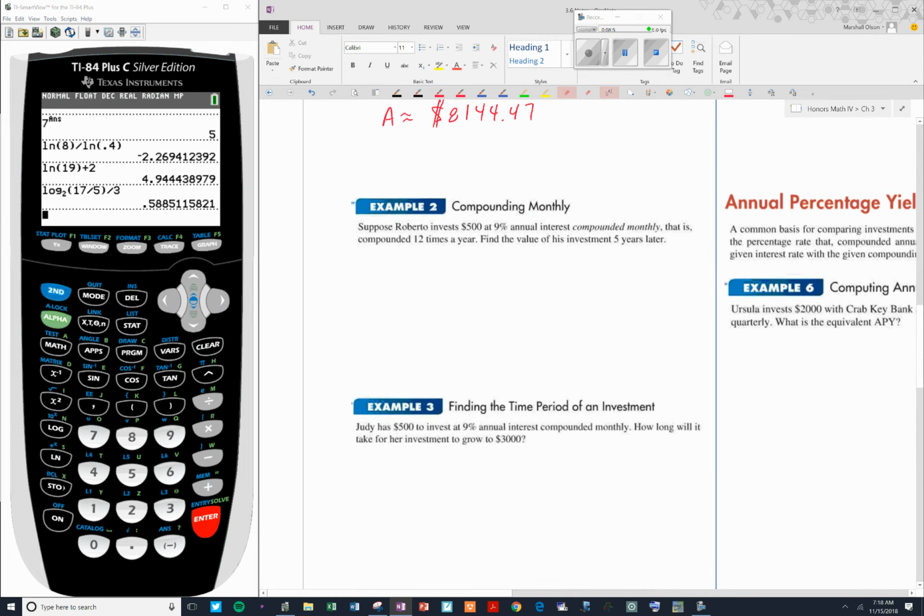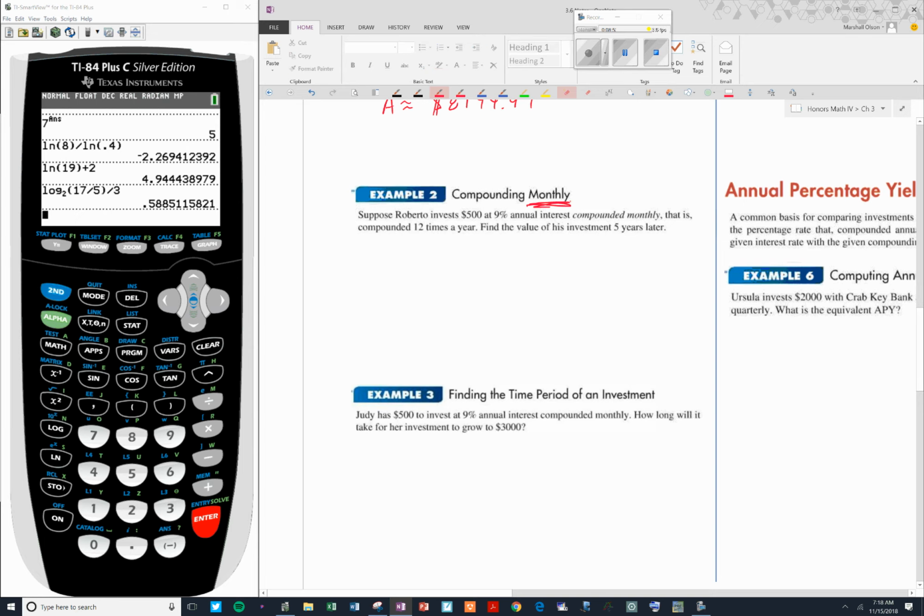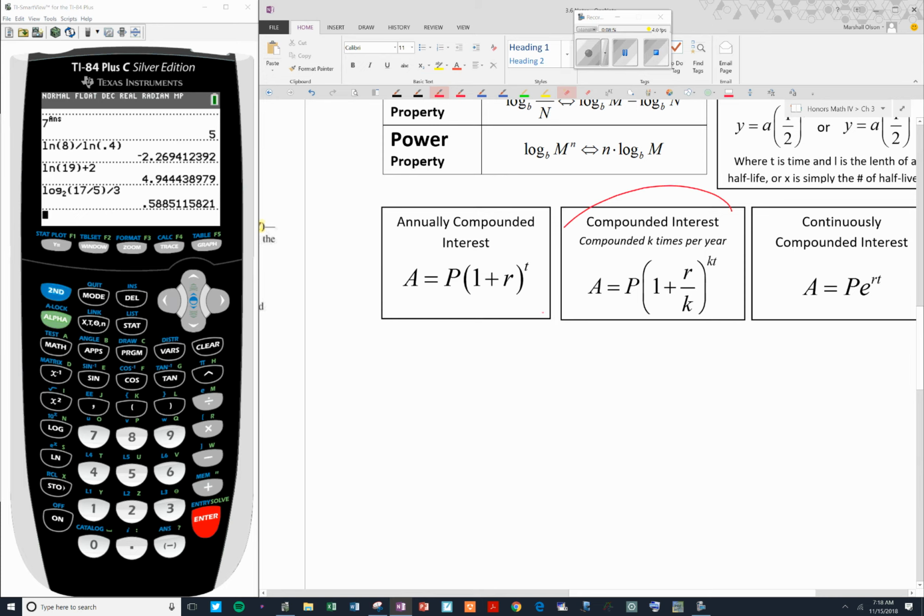If you are compounding some other amount of times per year besides annually, whether monthly, daily, weekly, or quarterly, we want to use our compound interest formula there.